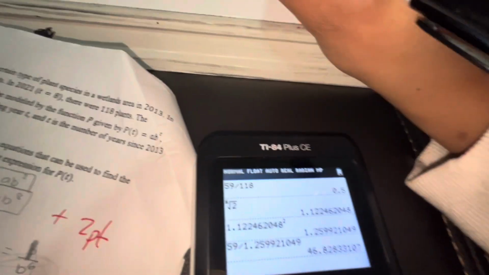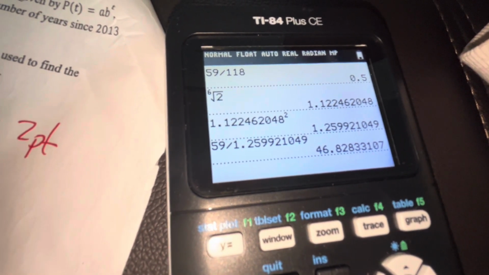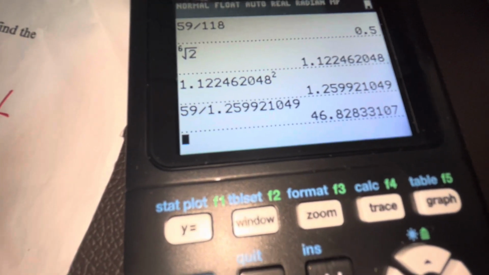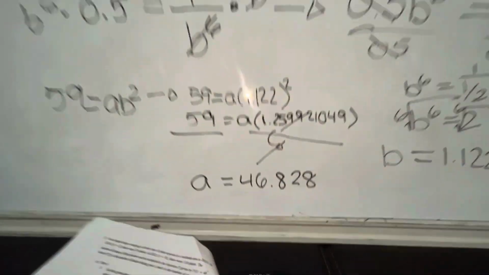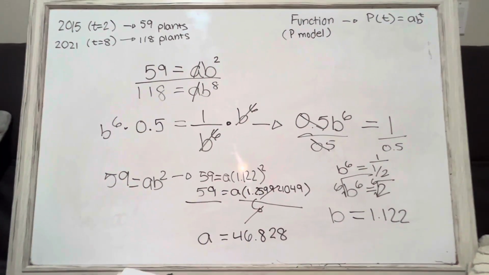So then you get your answer as a equals 46.828, or as your rounded version, 46.828. And now you have your a and b as decimal approximations.